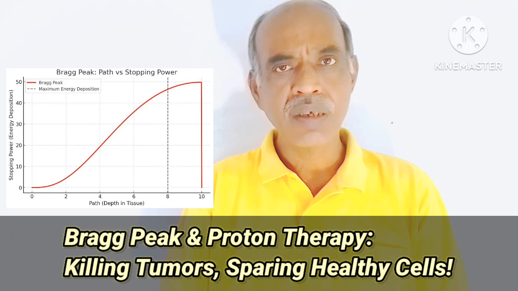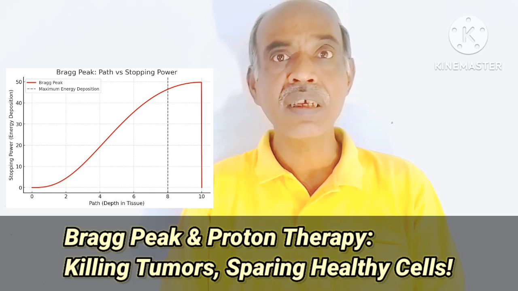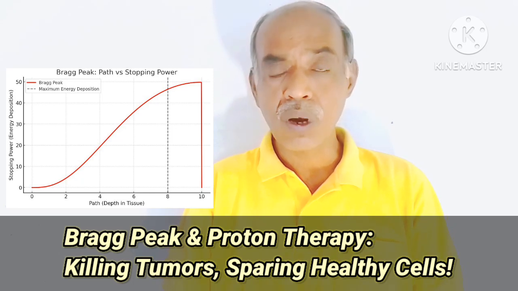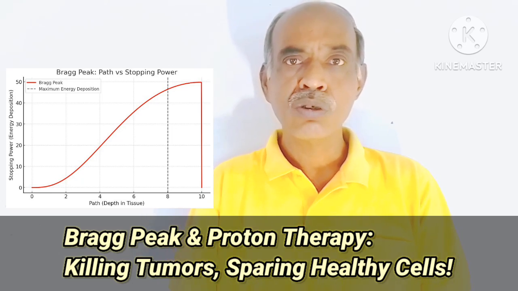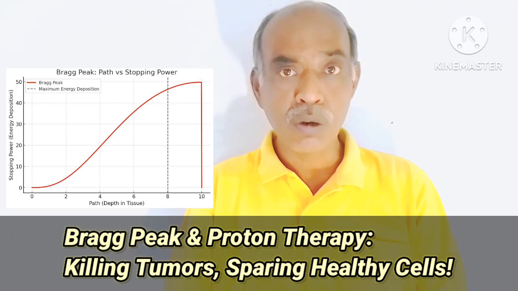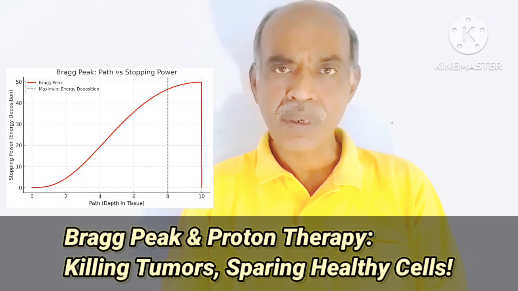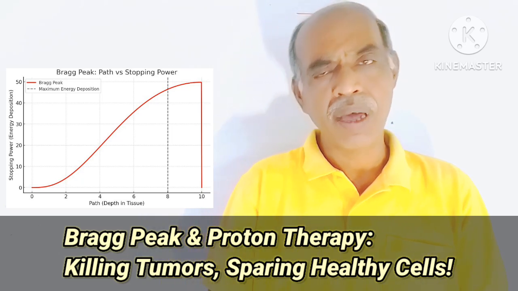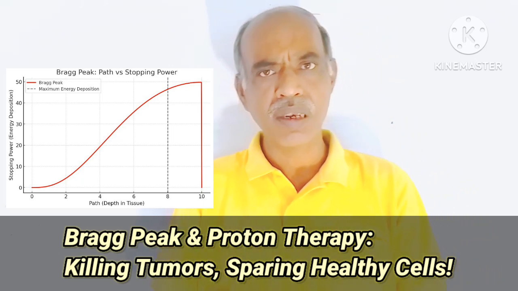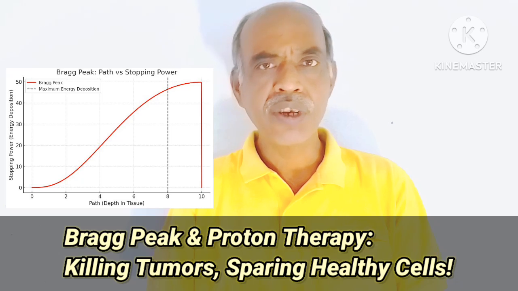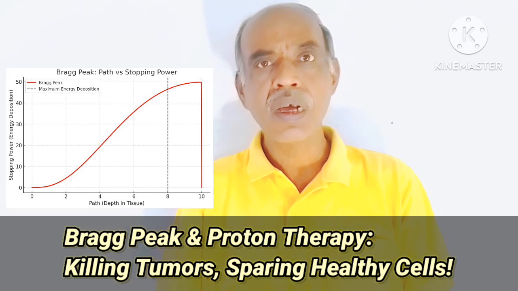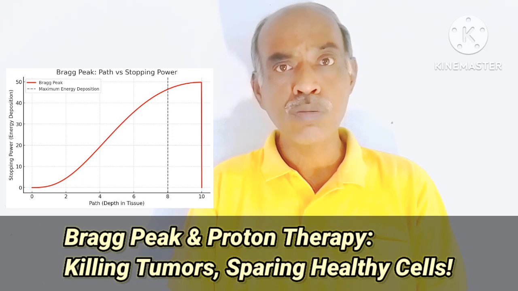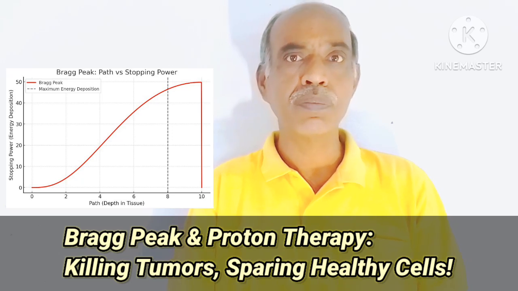Okay, it releases maximum energy at the end of the path. So tumors should be located at the end of the path. That means you have to manage it that way. You have to manipulate the treatment procedure so that when the proton beams reach the tumor site, that is the end of the path.